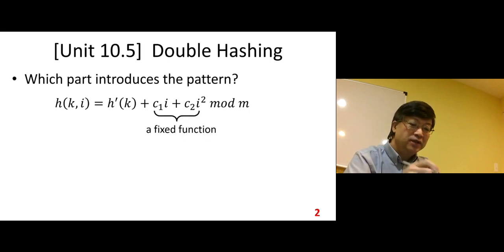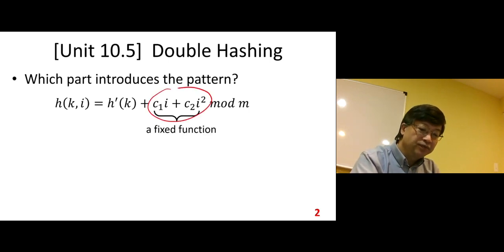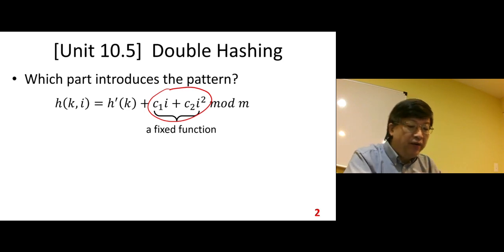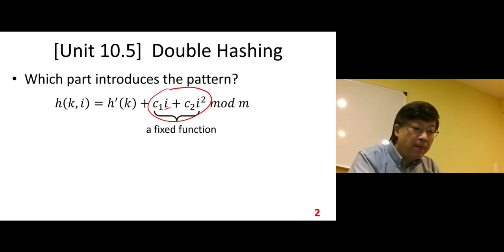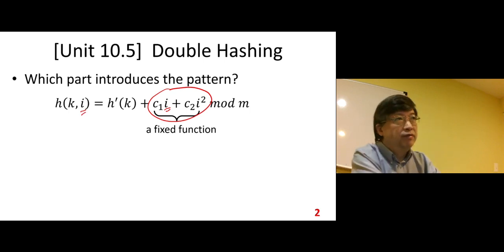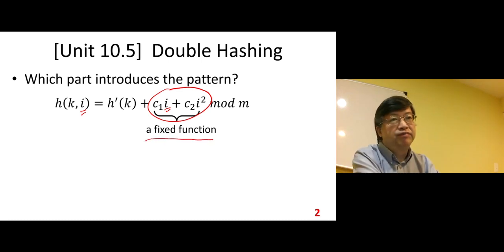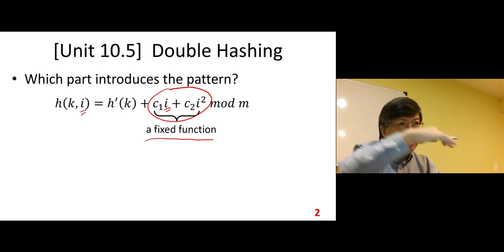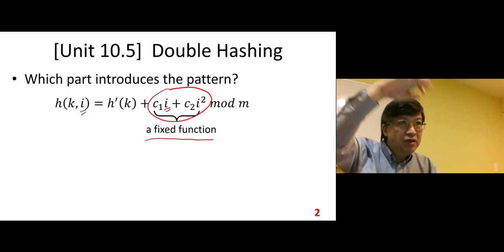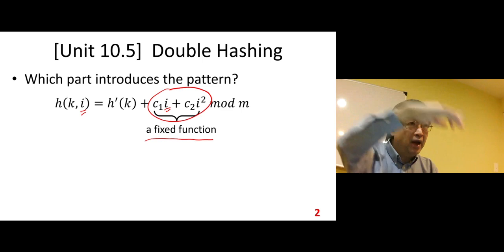For this part, although there is a variable i corresponding to the number of probes, this whole function is a fixed function. It always looks like this. The function never changes, always like that.